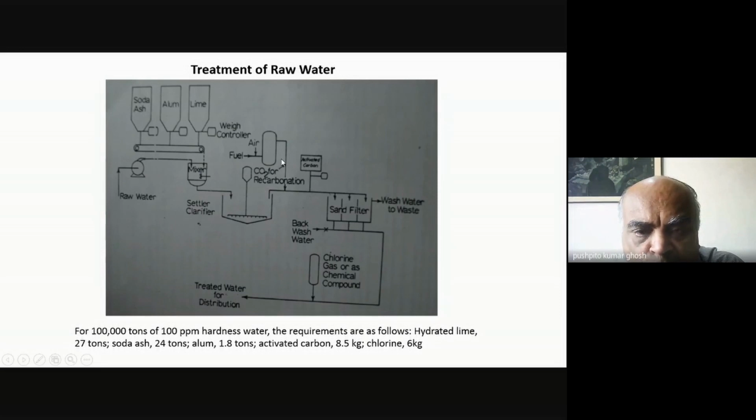Then because you have added some alkali, you may have to do a pH adjustment with carbon dioxide. So you may require some recarbonation. And then your water might have some organics, so you may have to treat it with something like activated carbon to get rid of those.